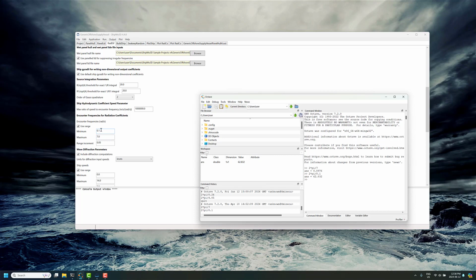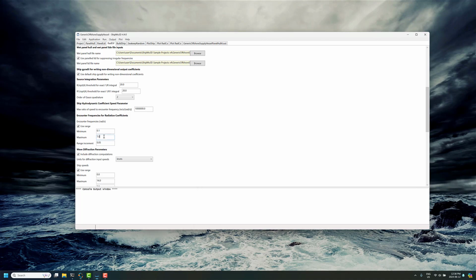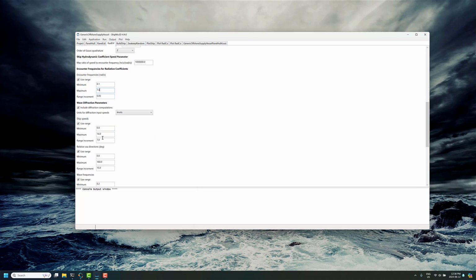With the incremental jump size here, you're going to have one data point at that, and it moves away from that briefly. So thinking about these numbers in seconds, and given how big the ship is, do you really expect it to be moving at those ranges? That might help give you some guidance for what to set for the encounter frequencies.